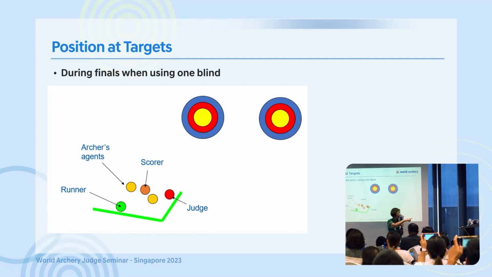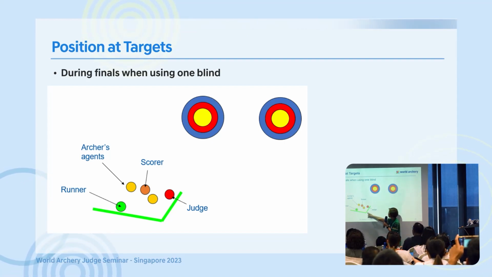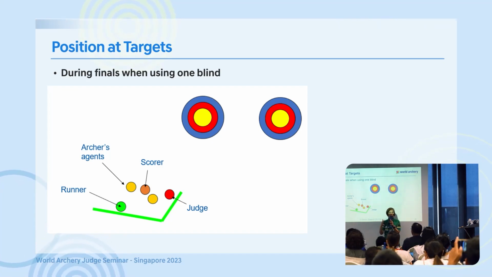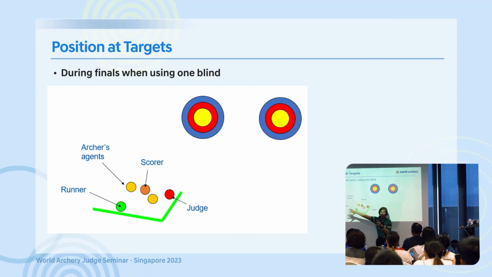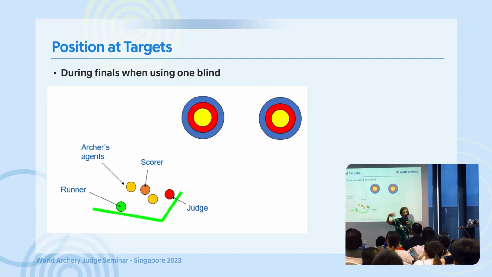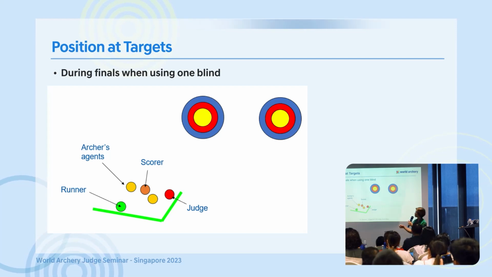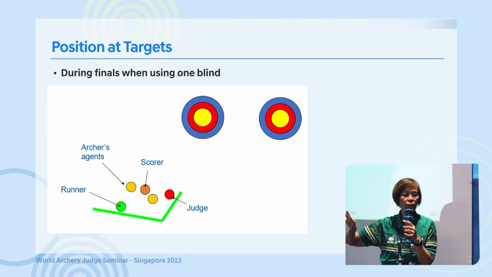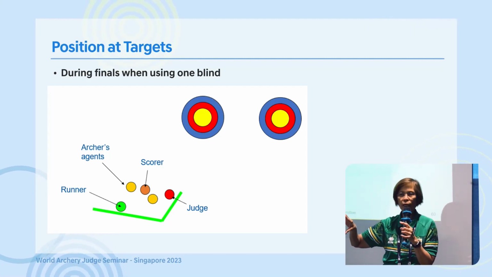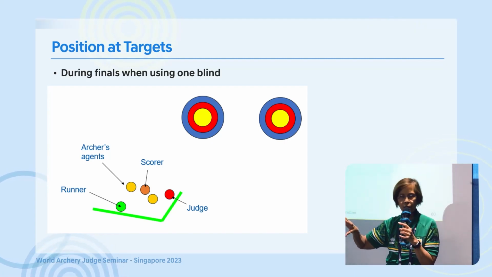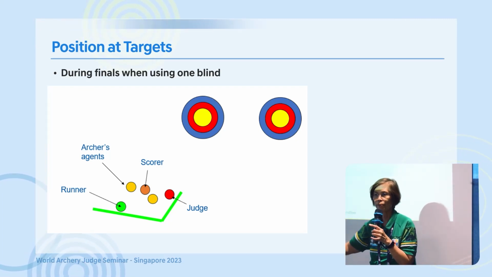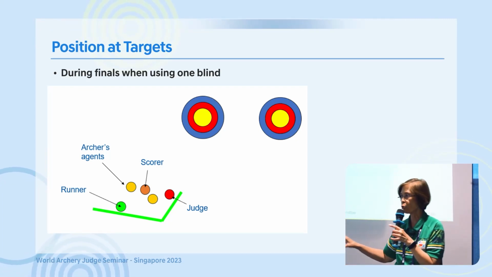In the ASEAN Para Games, the blind was so small that only 3 people could fit, so I had another one, an extension, another umbrella connected, so that people would be in the shade, because you must remember this is Southeast Asia and it's very hot, and it's not nice to leave the runners outside without shade. They might have heat stroke.